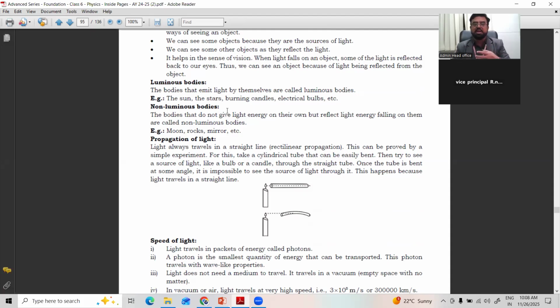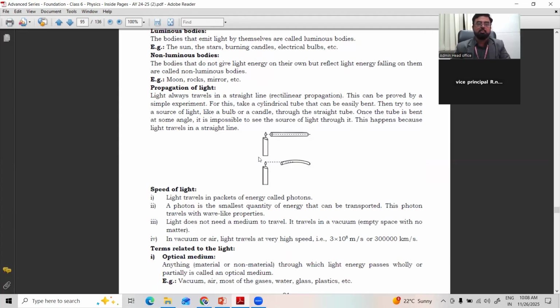The bodies which emit light by themselves are called luminous bodies, like the sun, stars, a burning candle, an electric bulb, tube light or LED. There are some substances which do not emit light, but can be seen by reflection of light. Whenever light comes from the sun, candle, stars or bulb and falls on them, because of reflection we are able to see the object. Such objects are called non-luminous bodies.